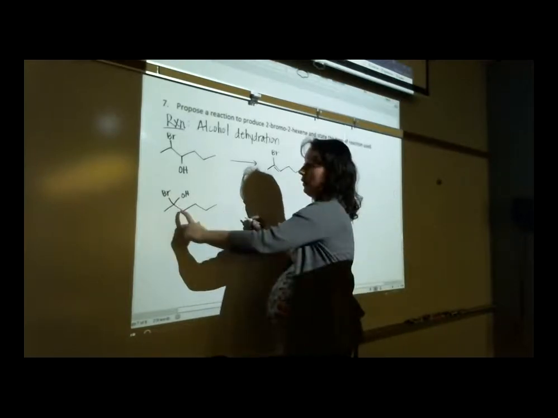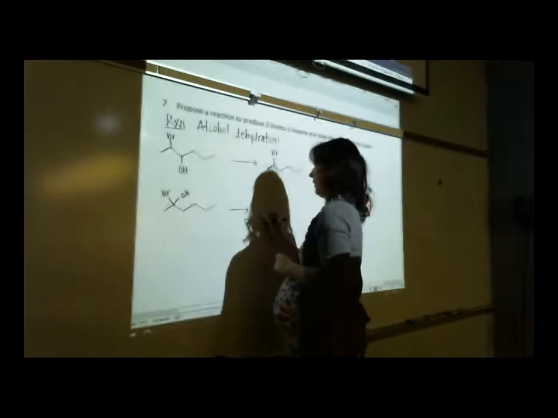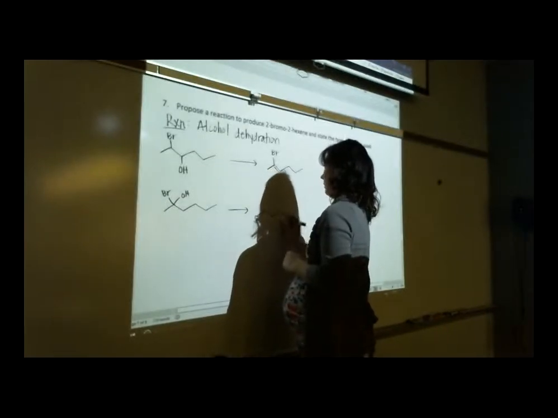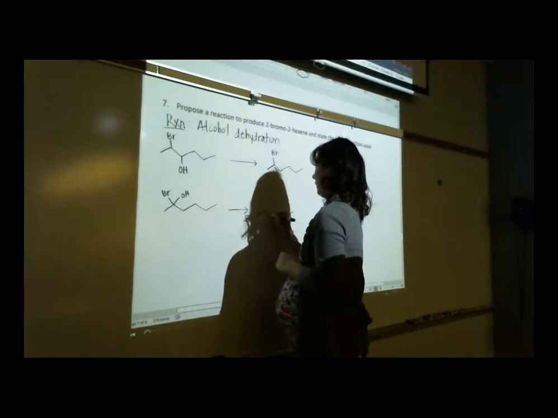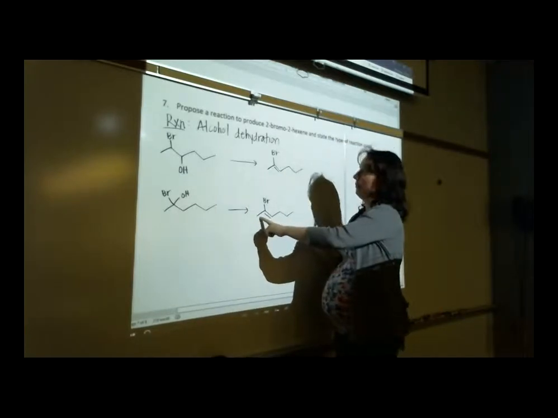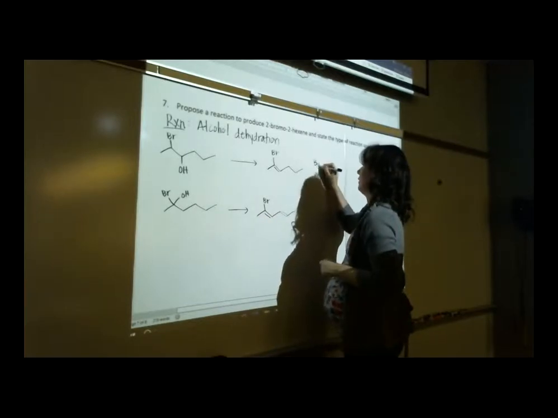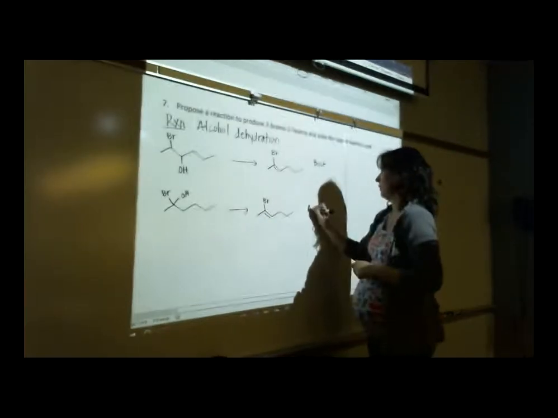It could go here or here, right? You're going to get both products. It gives 2 products. 1, 2, 3, 4, 5, 6. You're going to get your product of interest, but you're also going to get the version of it where it's 1 instead of 2 hexene. Right? So this one is best, but this one is acceptable.